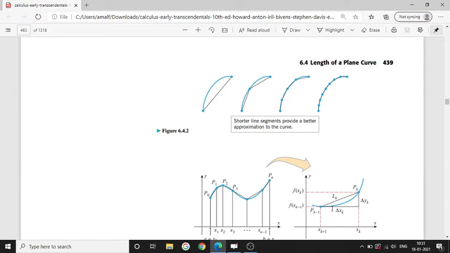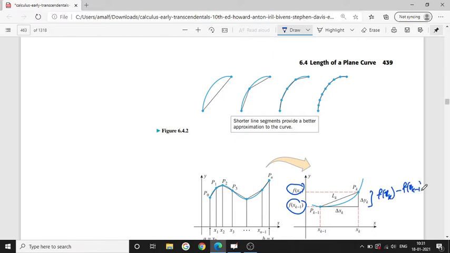Now delta yk, that will be the difference of these two function values, f of xk and f of xk minus 1. So this will be f of xk minus f of xk minus 1.